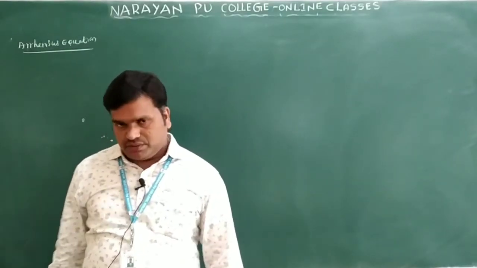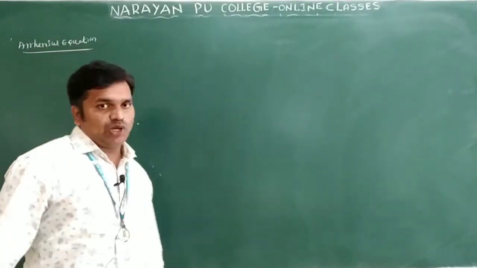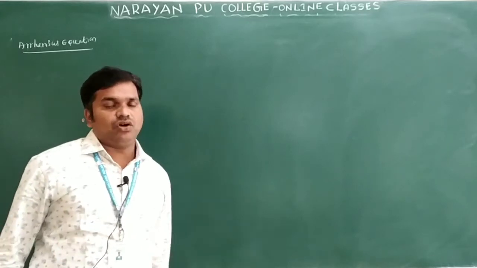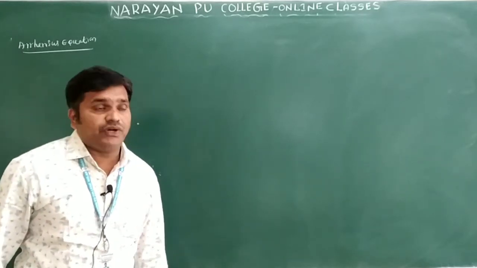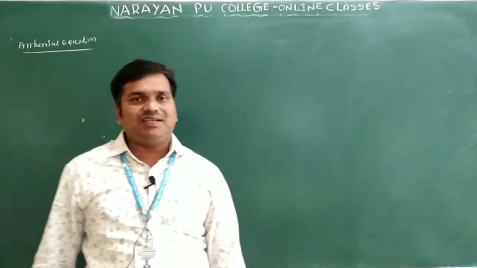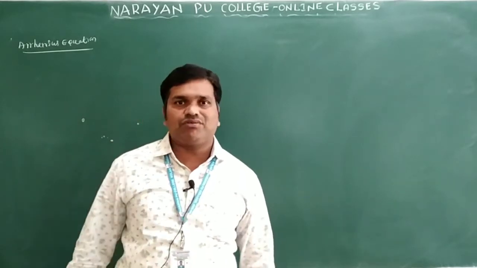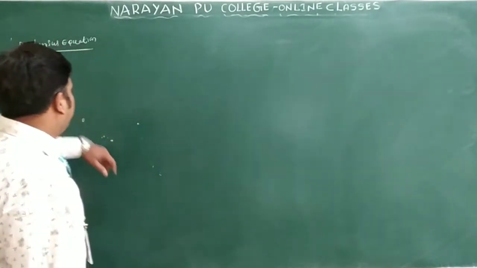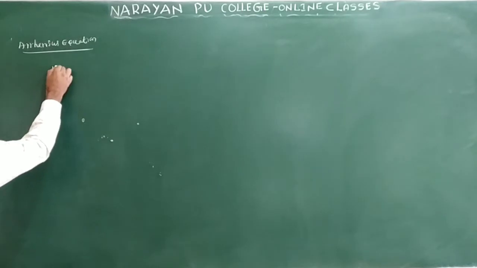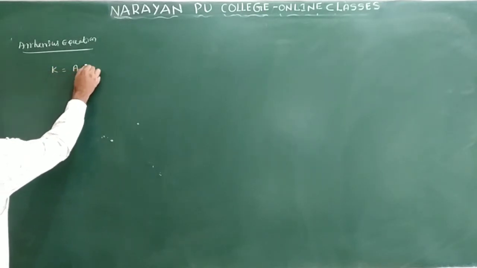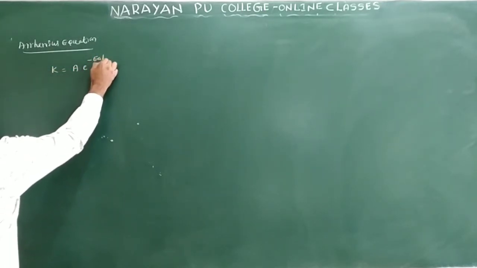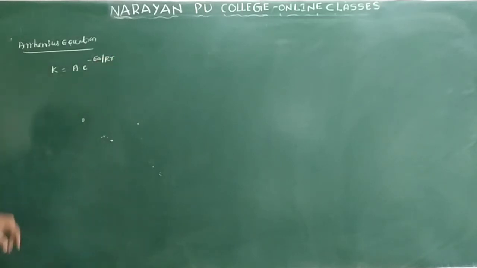See the next concept. Yesterday we already discussed the Arrhenius equation. Once again I am recalling the concept because we want to find the Arrhenius equation at different temperatures. For that we have to derive one formula. So for the Arrhenius equation, the formula is k is equal to A into e power minus Ea by RT.